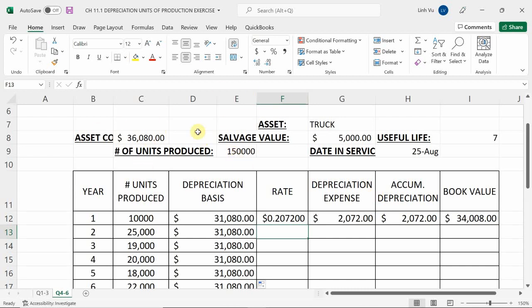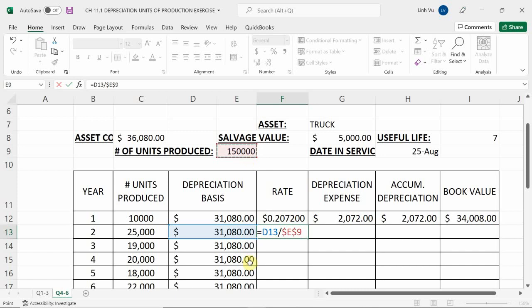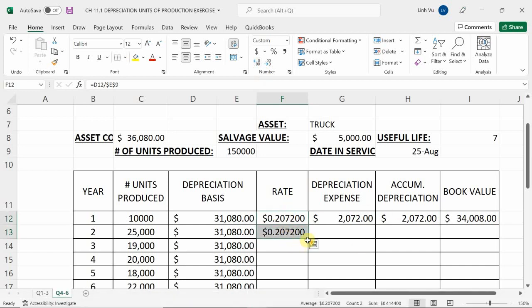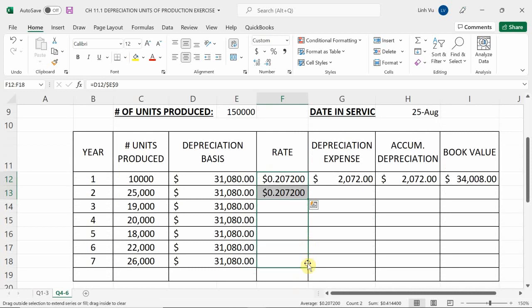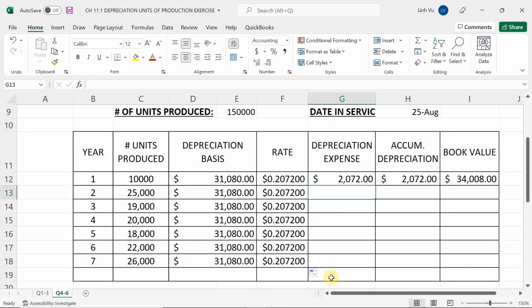So it's based on the total number of units it could produce entirely. 31,080 divided by 150,000 is 0.2072. Right. So that's going to be the same always too. Yes. It's going to be the same all the way as well. So the only difference here is that I'm just solving for my depreciation expense, and that's going to be different every year.